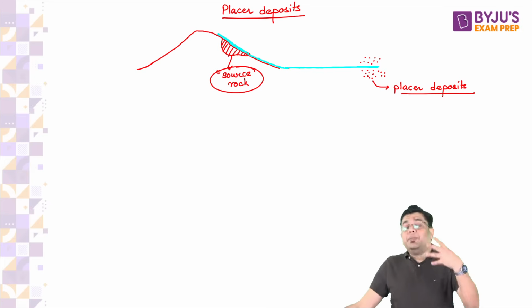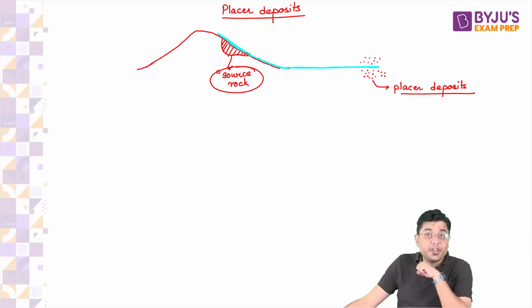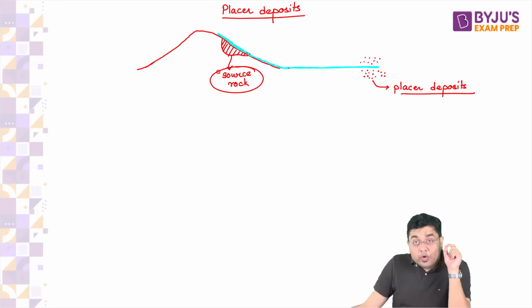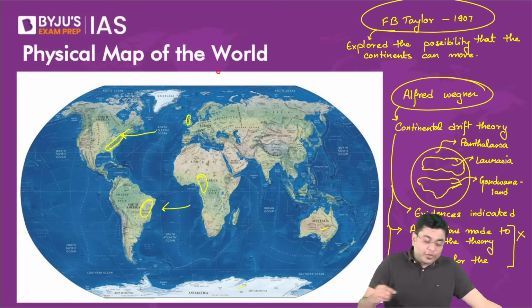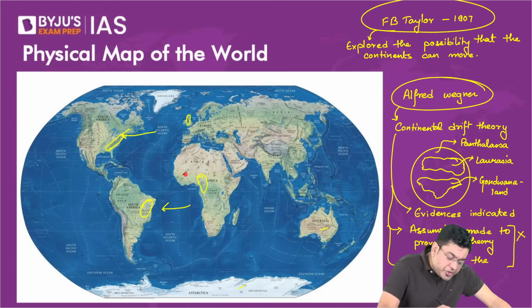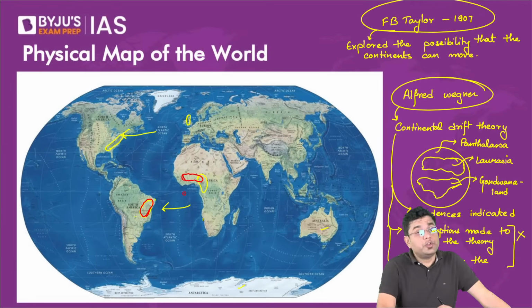Upon greater investigation, he found out that the source rock for those placer deposits is to be found where? In the eastern part of South America. So the gold deposits present in Western Africa had their source rock in the eastern part of South America.